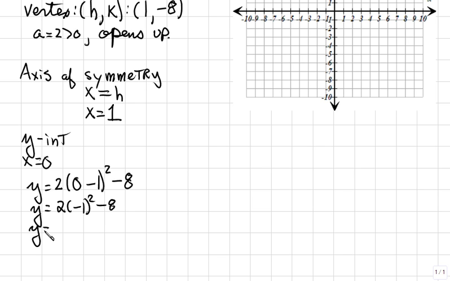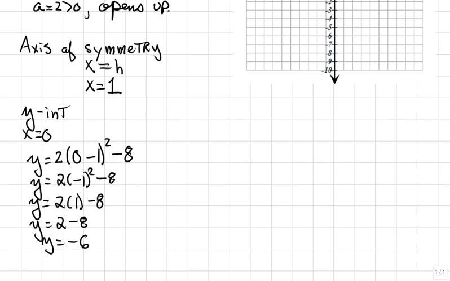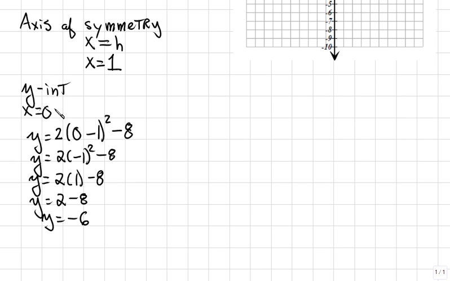Negative 1 squared is 1, so y equals 2 times 1, which is 2, minus 8, so y becomes negative 6. From this, the y-intercept, where our graph is crossing the y-axis, is the ordered pair where x was 0 and y is negative 6.